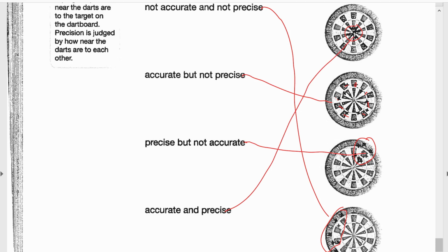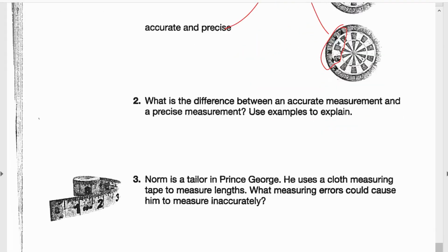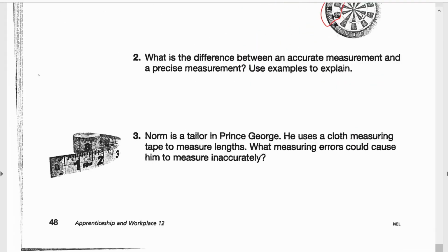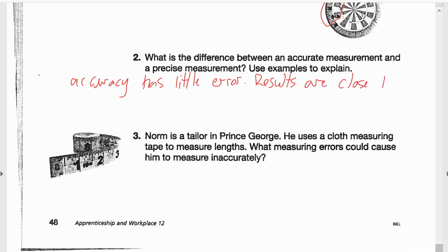So now you know the differences between accuracy and precision a bit. What is the difference between an accurate measurement and a precise measurement? Use examples to explain. Okay, so accuracy has little error, results are close to the true value.